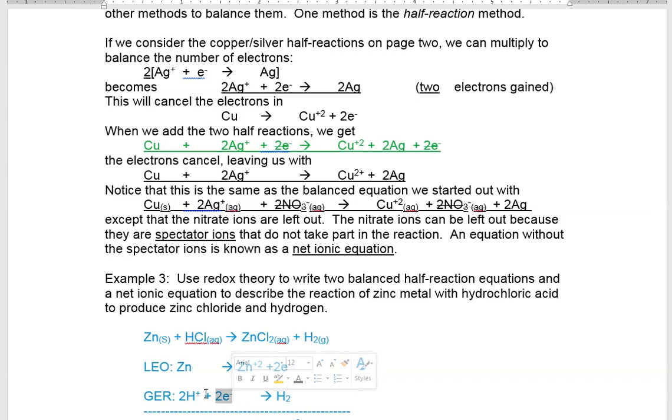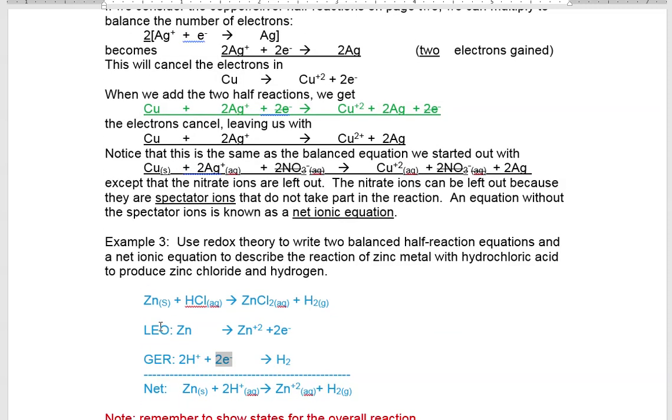So those 2 negatives are going to cancel the 2 positives. We can also see the 2 electrons in our oxidation are going to cancel the 2 electrons in our reduction. So our net equation, we can just add zinc plus 2 hydrogen ions, and we get our zinc ions plus our hydrogen gas. The electrons cancel out.